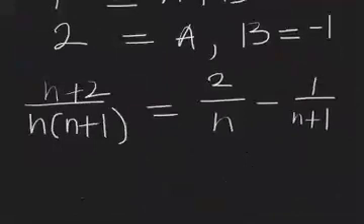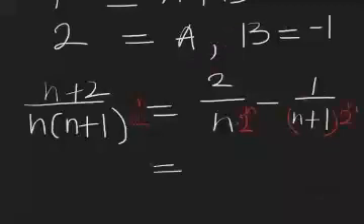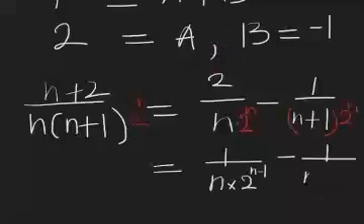When you simplify the right hand side, we get 1 over n times 2 to the power n minus 1, minus 1 over (n plus 1) times 2 to the n. So notice these two terms here.